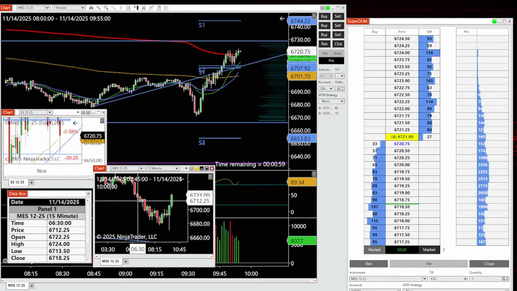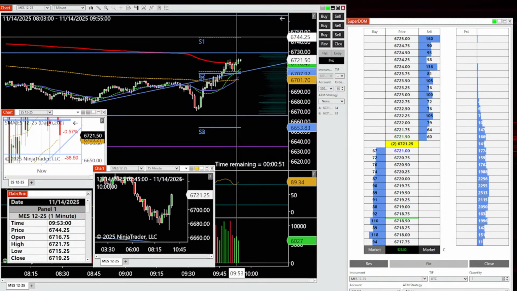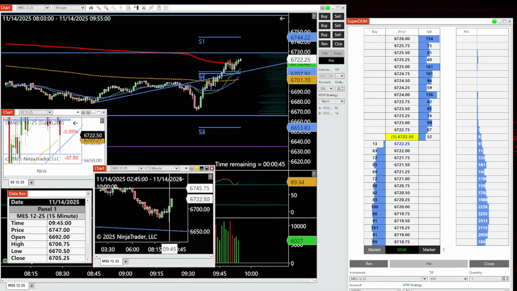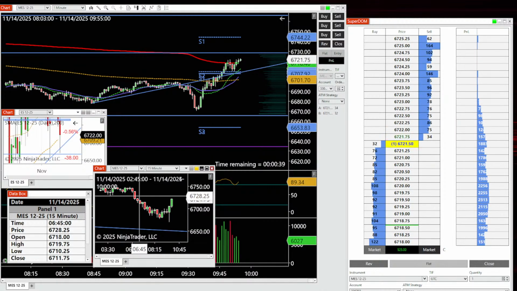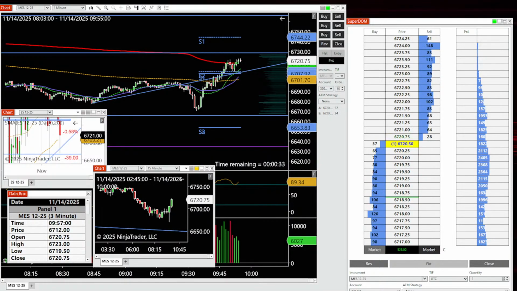We reached 22.75, 24. Next stop is 44. We can get there. 44 on here is around this level up here. We got 36 to 40 around that area.